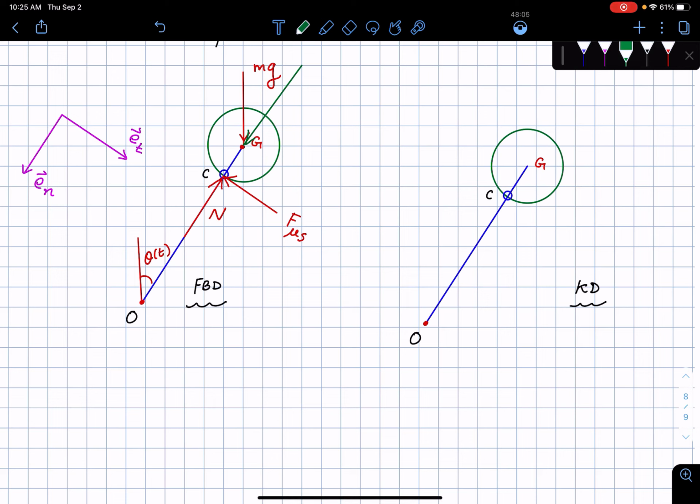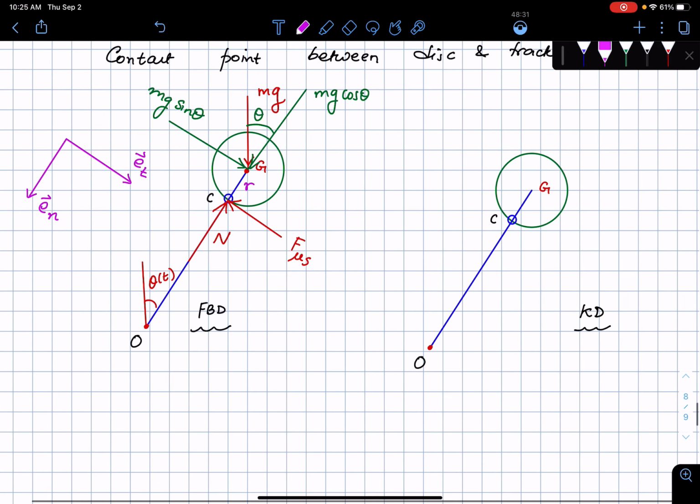So this angle is also theta. I'm going to draw that out here. So this is going to be mg times cosine theta, and the other component, in the tangential direction, is going to be mg times sine theta. And the distance from point G to point C is the distance little r. This is the free body diagram, nothing else going on.